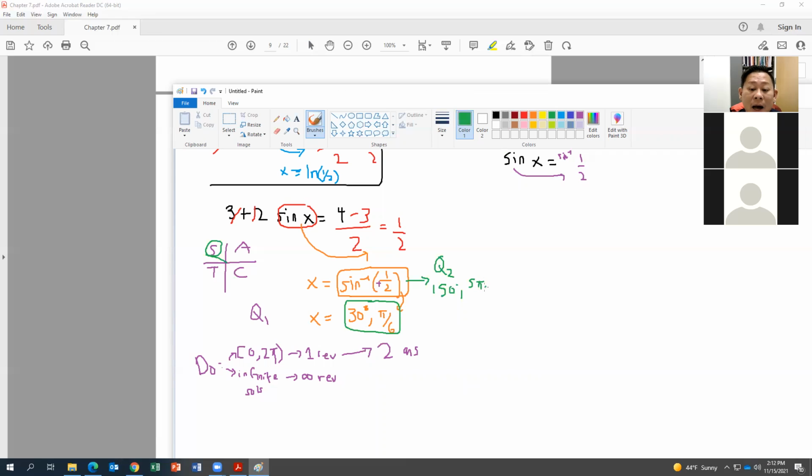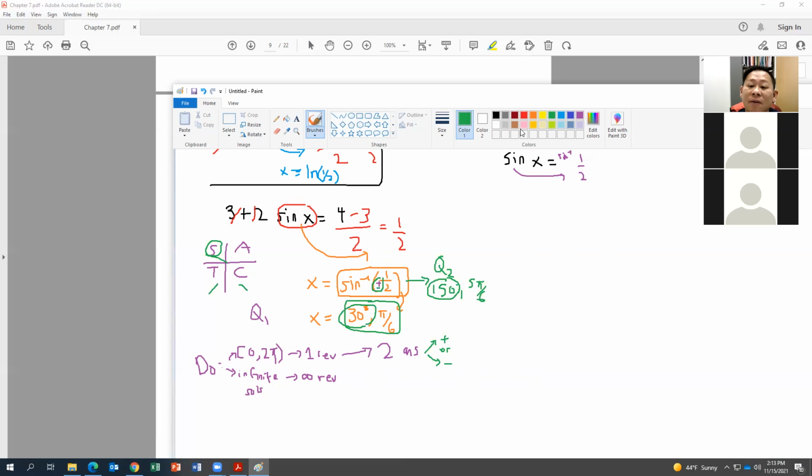So in this case, that's why I say it can have two answers, because sine is positive in quadrant 1 and 2. That's why you give me two answers. And what happens if you have a negative? Then for negative, you're going to give me quadrant 3 and quadrant 4 answers. So that means you have two. And what happens if you got a plus and minus sign? If you only have plus or minus, then you only have two answers here.